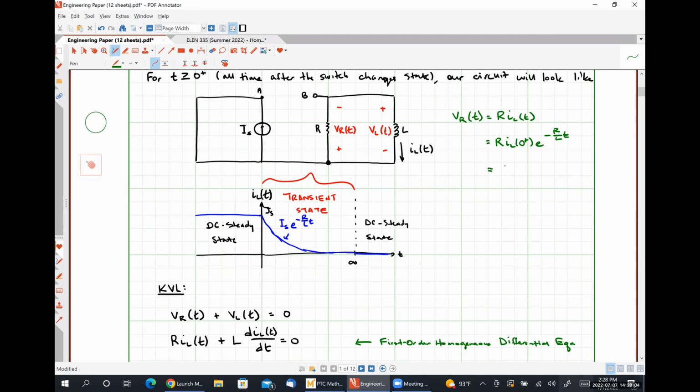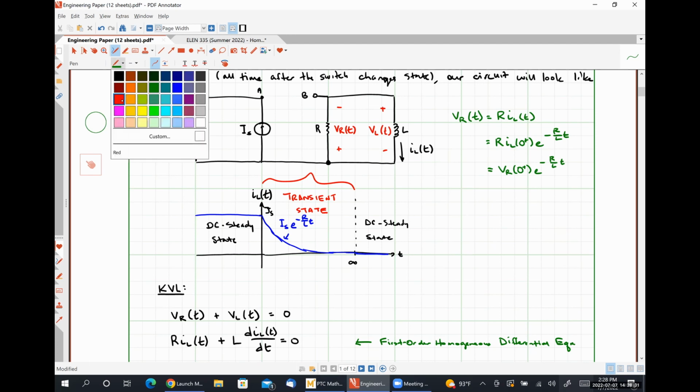Or VR at 0 plus e to the negative R over L times time, since the voltage drop across the resistor at t equal to 0 plus has to be R times whatever the inductor current was.